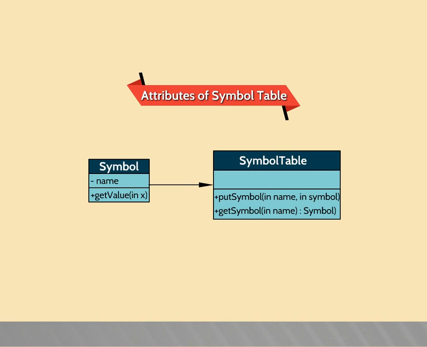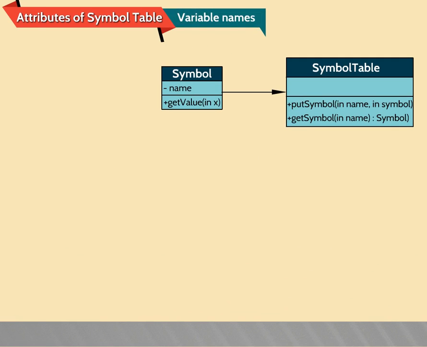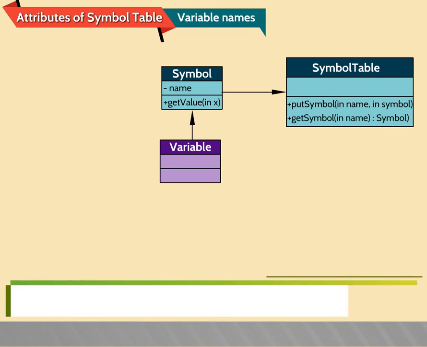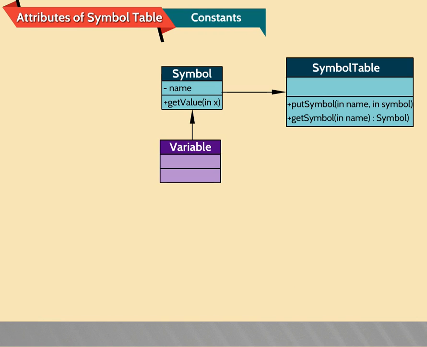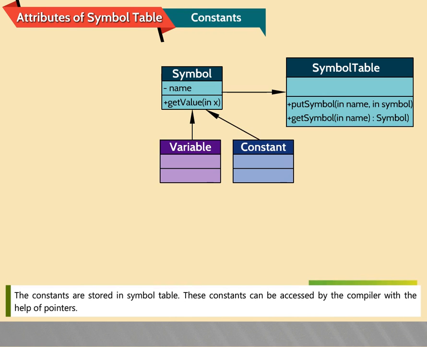Attributes of symbol table. Variable names. When a variable is identified, it is stored in symbol table by its name. The name must be unique. Constants. The constants are stored in symbol table. These constants can be accessed by the compiler with the help of pointers.